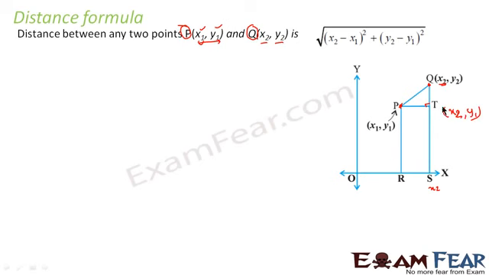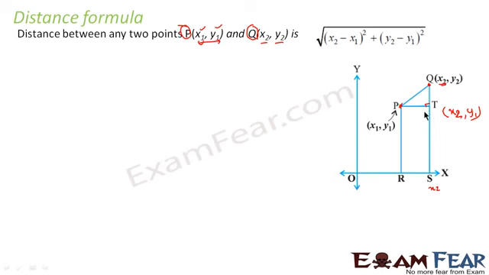I'll tell you why. y is the perpendicular distance from the x-axis. So if you draw the perpendicular distance, the distance between TS and PR is the same, correct? If the distance PR is y1, then the distance TS is also y1. Got the logic clear?